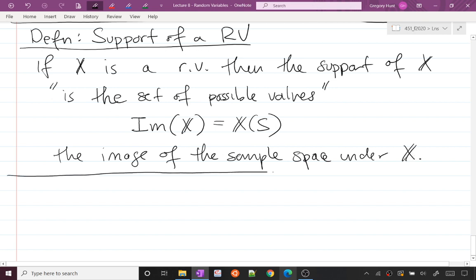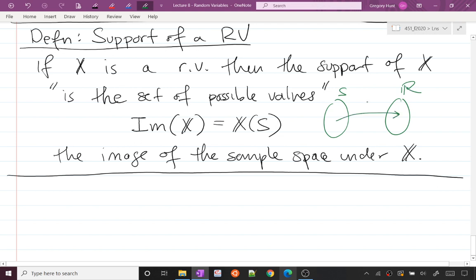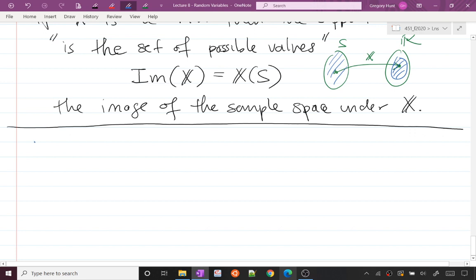X is a function from the sample space to the real numbers. X is a function that takes in sample space outcomes, and it's a real number. So if I map my whole sample space over the real numbers, what actually is possible? This is very practical. It seems esoteric, but it's pretty practical.